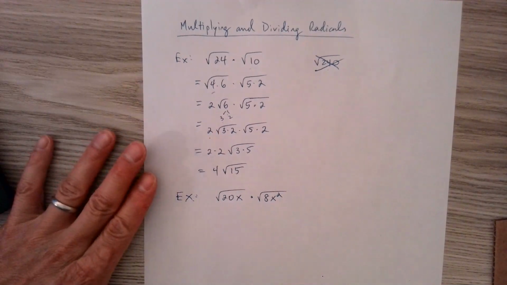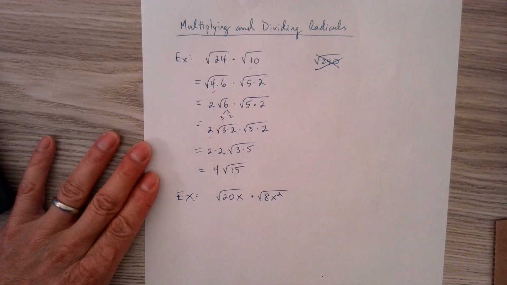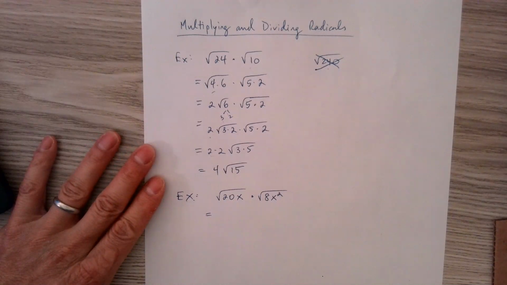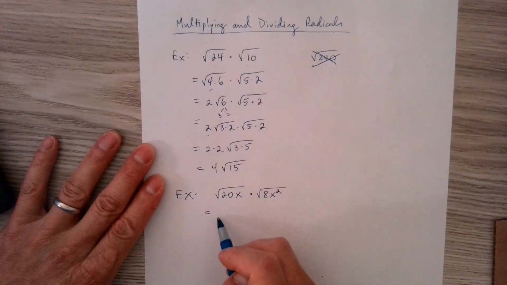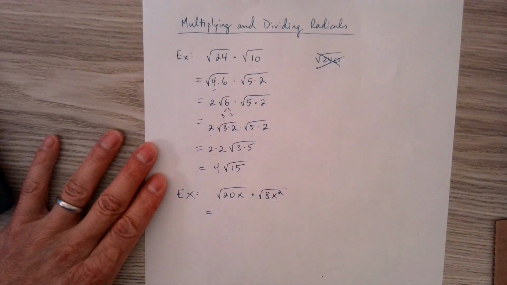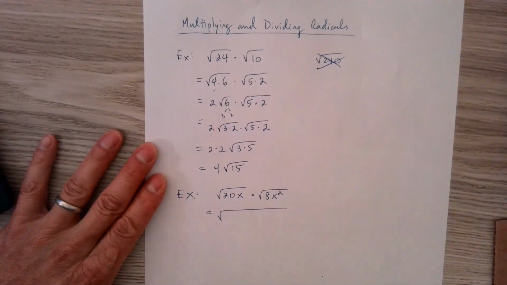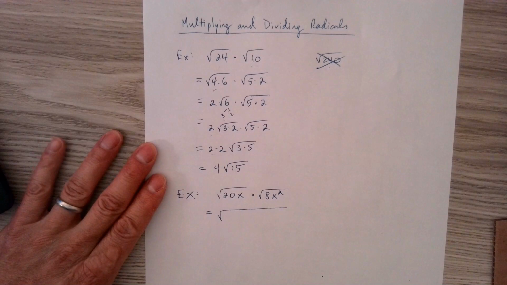Okay, so I'm going to factor the 20 and the 8, and I think I'll just leave the variables the way they are. And I'm also going to do something a little different in this one because you might prefer this way of doing it. I'm going to write everything under one rad, but factored.